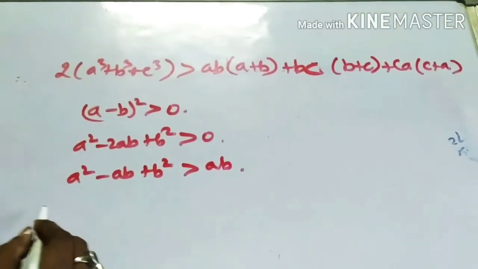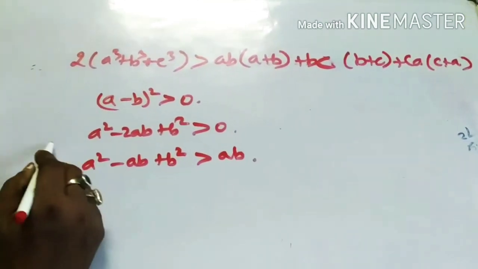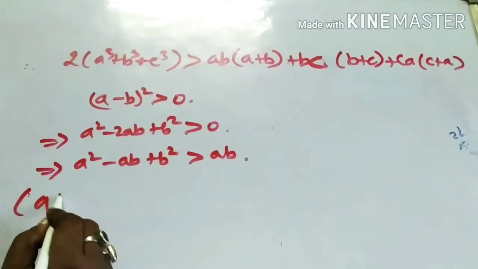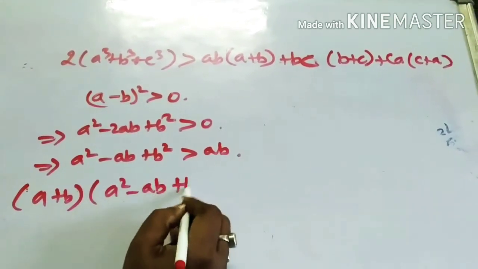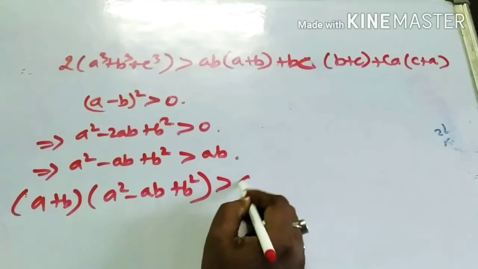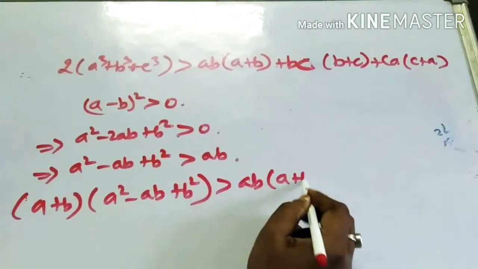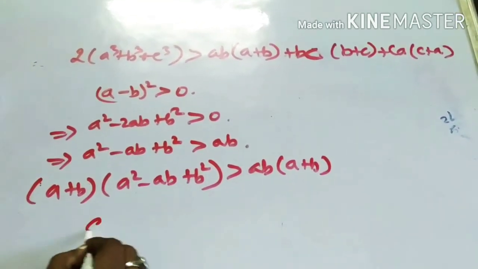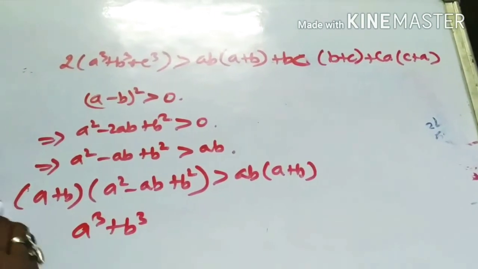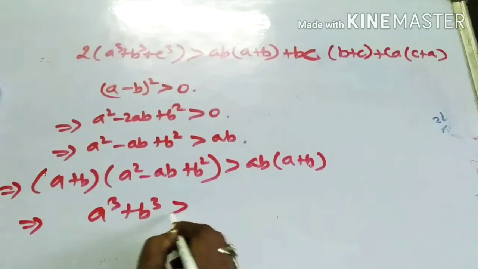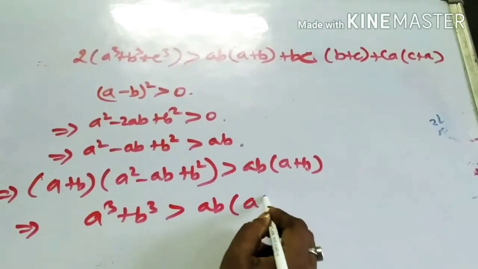Now multiplying both sides by A plus B, it implies that (A plus B)(A square minus AB plus B square) greater than AB(A plus B). So this becomes A cube plus B cube. This is the formula of A cube plus B cube. So A cube plus B cube greater than AB(A plus B).